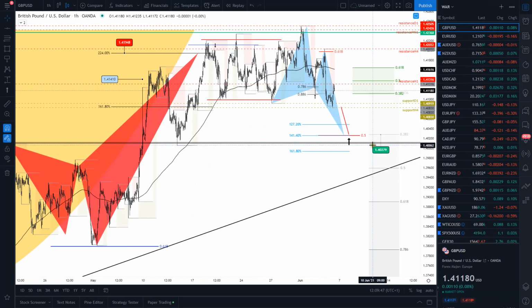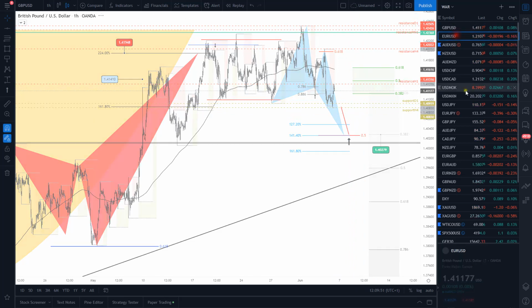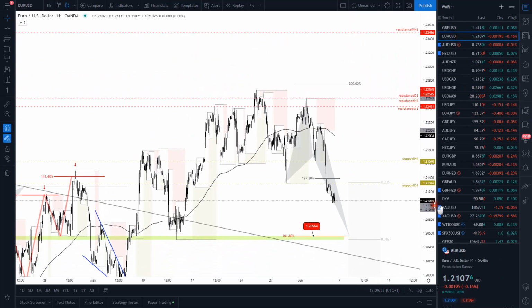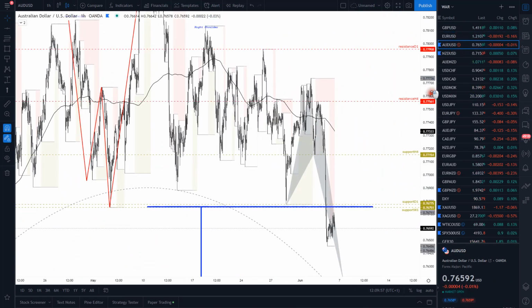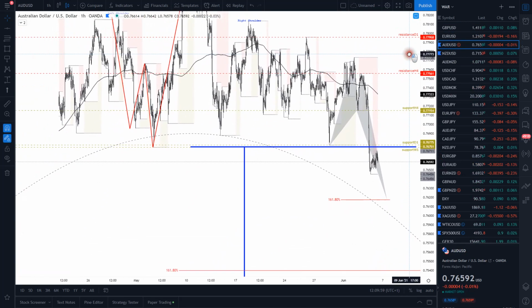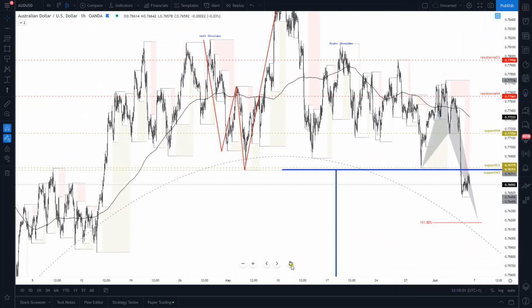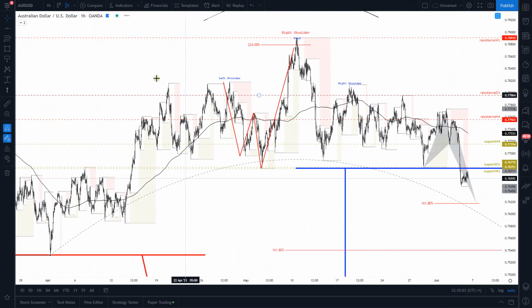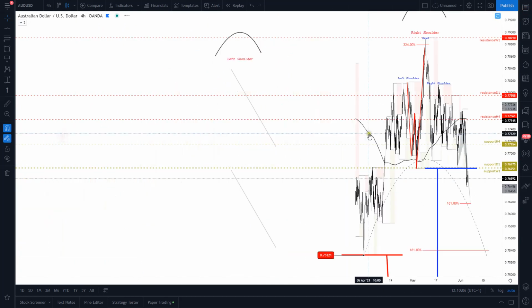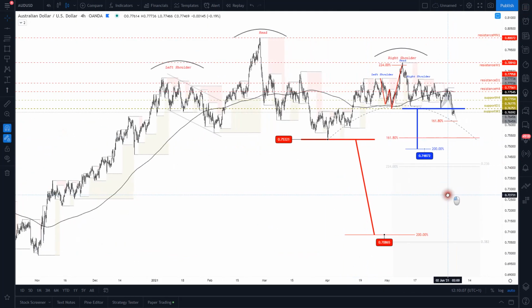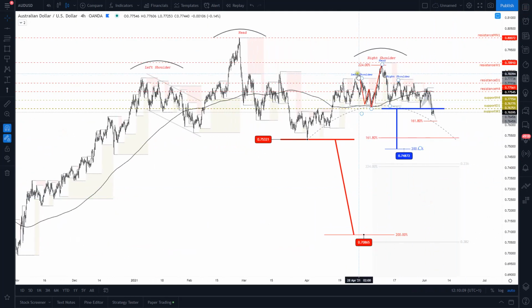So this was just one example of what can happen, not only for the cable, but for euro versus dollar, as I showed you before, with the crab pattern projected below, the Australian dollar triggering at this point, as I showed you before, and I shared this chart on Twitter on a 4 hours time frame chart, triggering this lower degree head and shoulder.